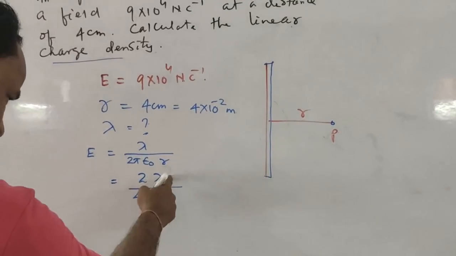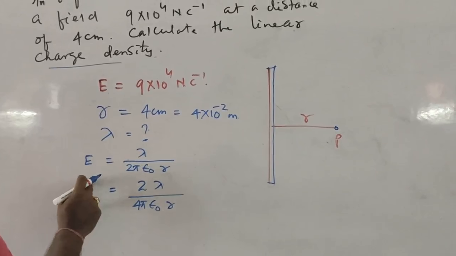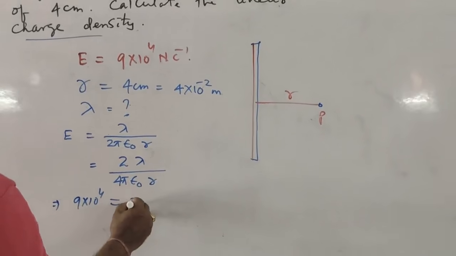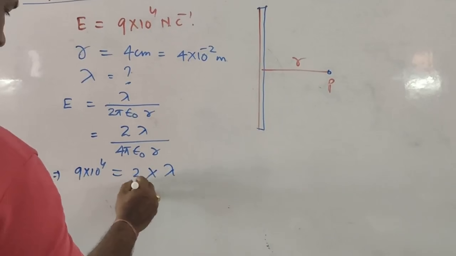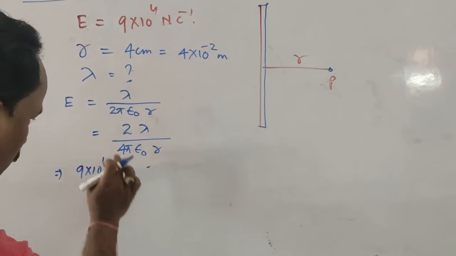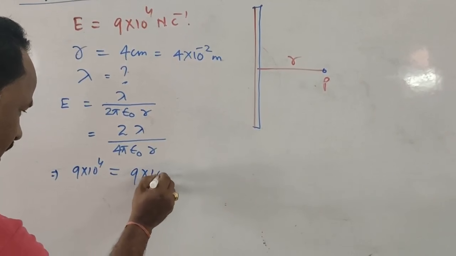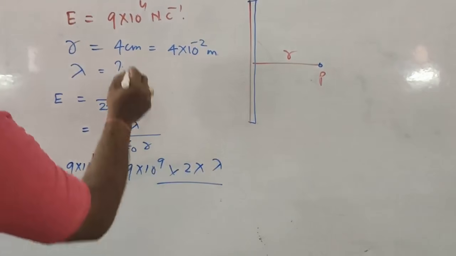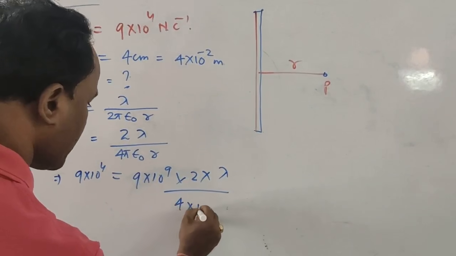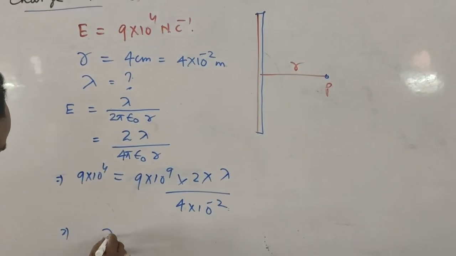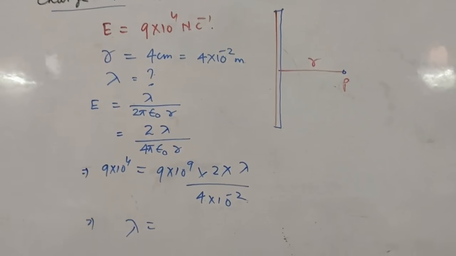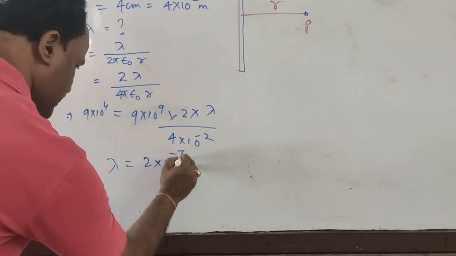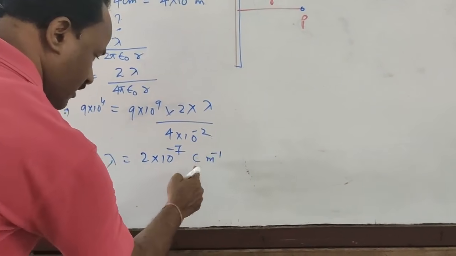Your aim is to find lambda, and E is given: 9 into 10 to the 4 is equal to 2 lambda divided by r, where 1 upon 4 pi epsilon naught is 9 into 10 to the 9, and r is 4 multiplied by 10 to the minus 2. Solving this, the linear charge density is 2 into 10 to the power minus 7 coulomb per meter.